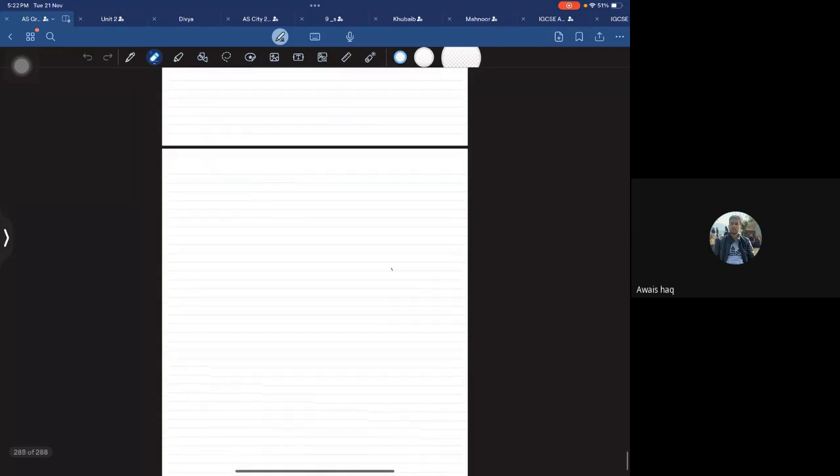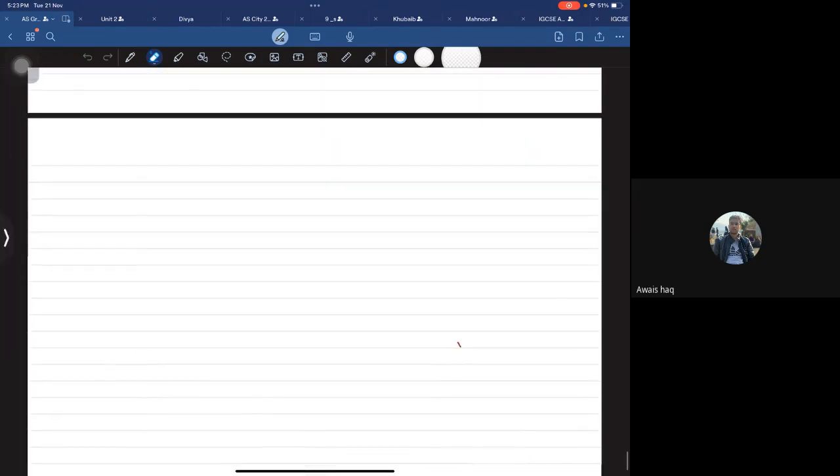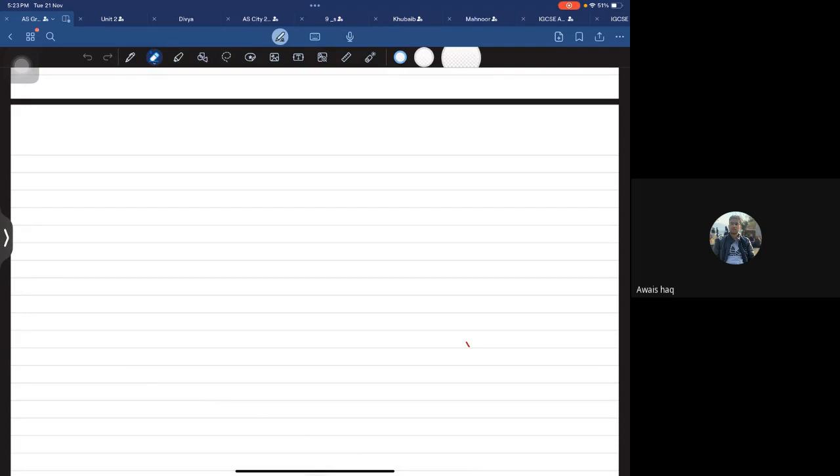So then let's look at the right, please. Electromotive force, and also write the potential difference. Now, these two will have two mark definitions.